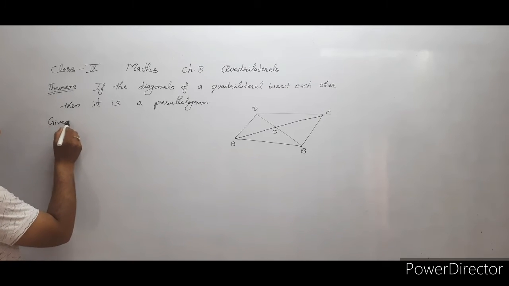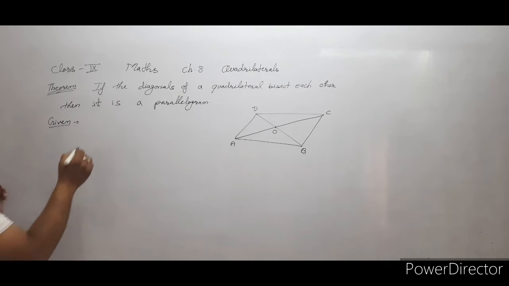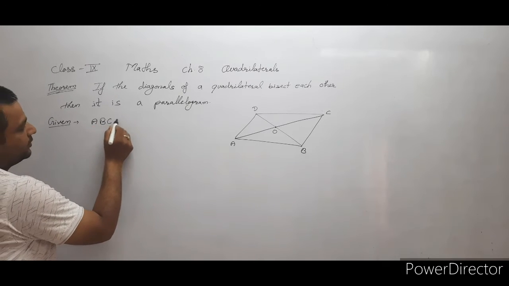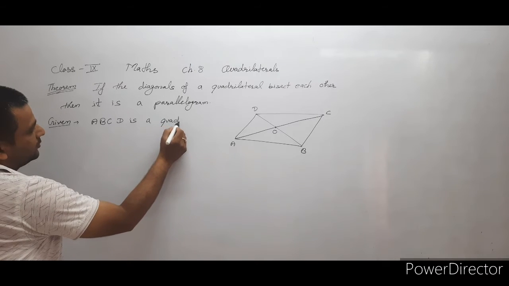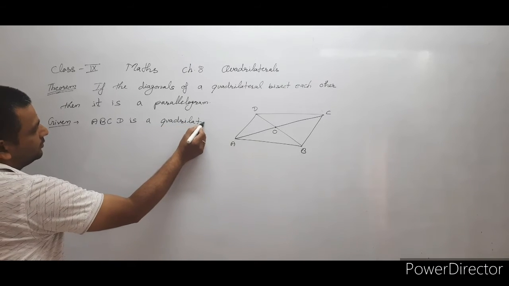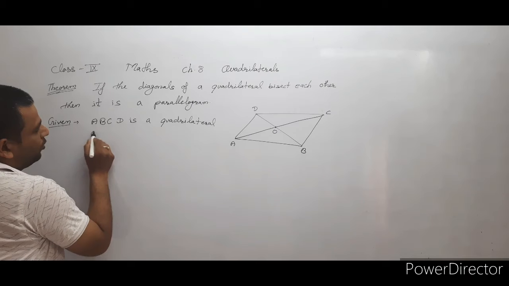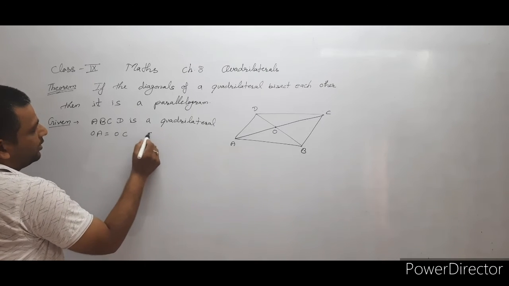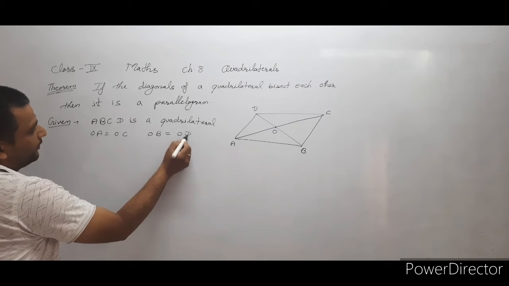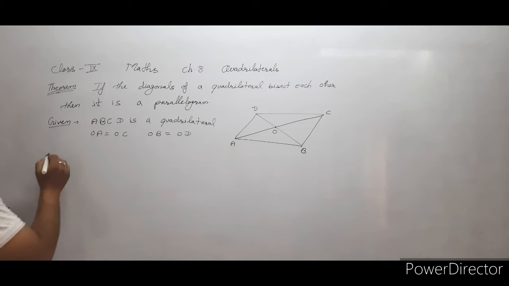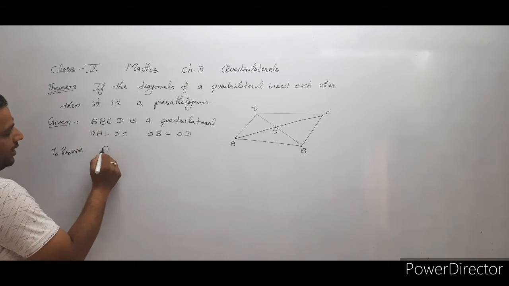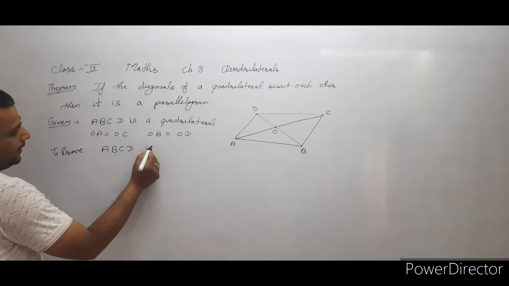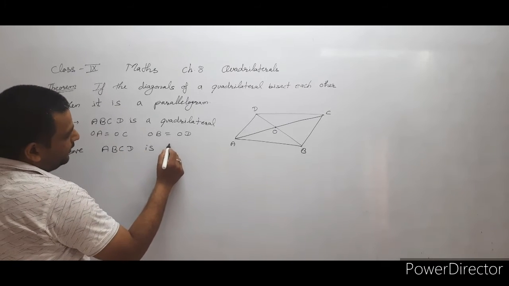So we will write here, given: ABCD is a quadrilateral and OA is equal to OC, OB is equal to OD. To prove, we have to prove that ABCD is a parallelogram.